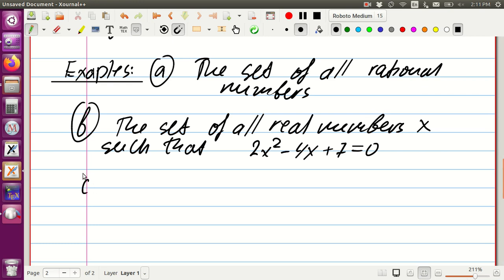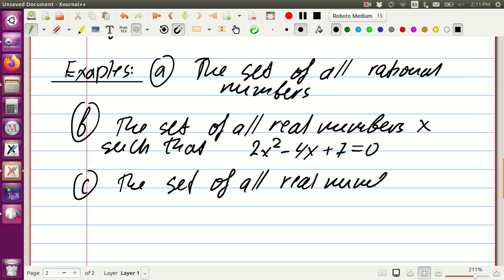Another thing we can do, we can say the set of all real numbers between -1 and 5. Again, it's really impossible to list them because there's infinitely many actually of them.